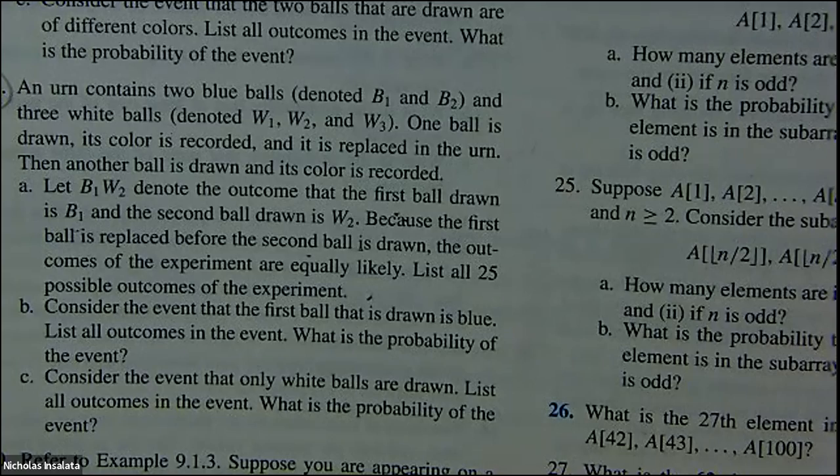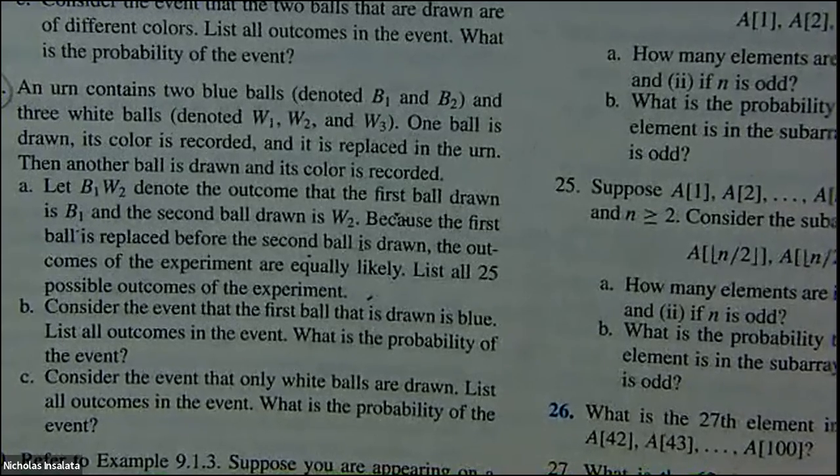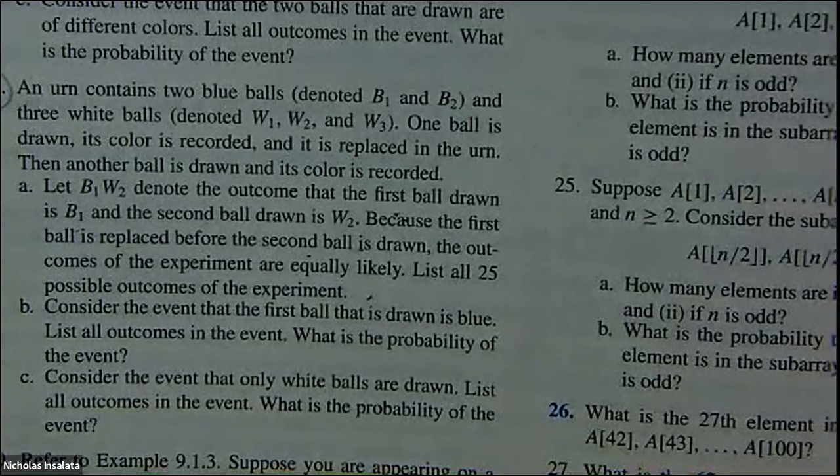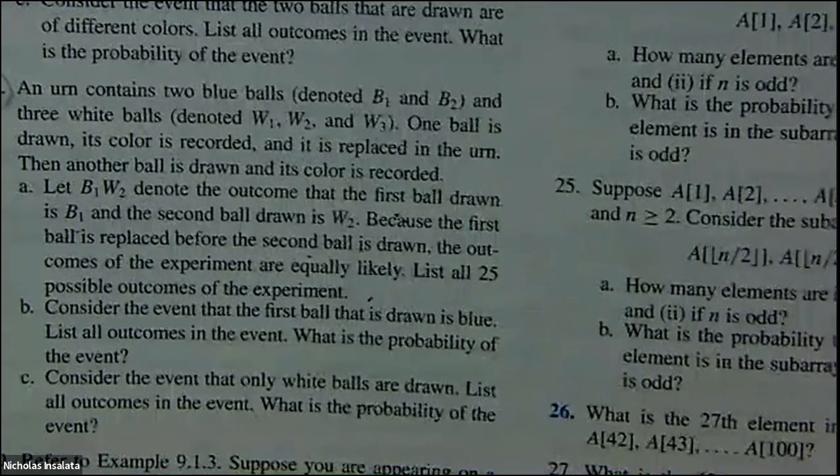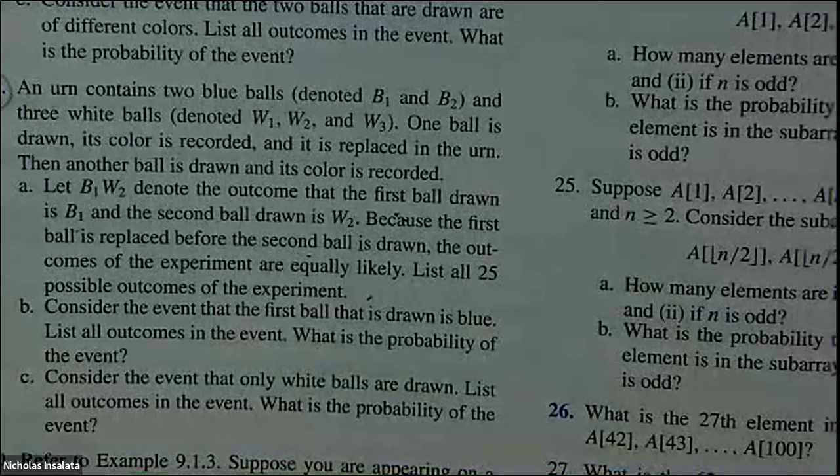Okay, you could have blue, white, but it does want you to record which blue ball it is, right? So maybe you could have B2W3, or you could have B1W1, and that would be different, right? So I think in that case, Haruka, you'd want to say something like B1, W2, something like that, right? Yeah, you got it, cool.